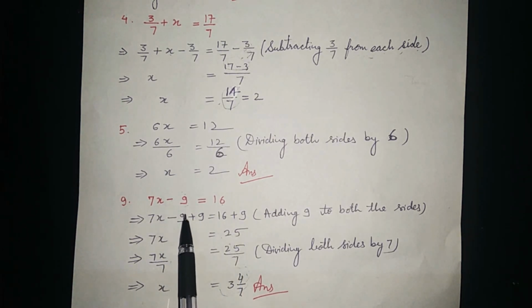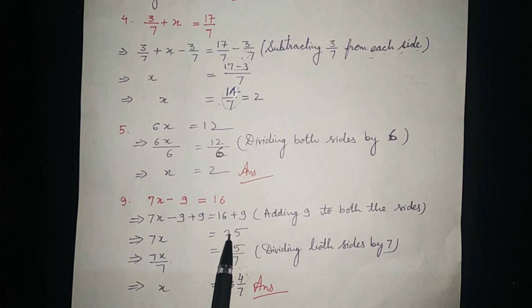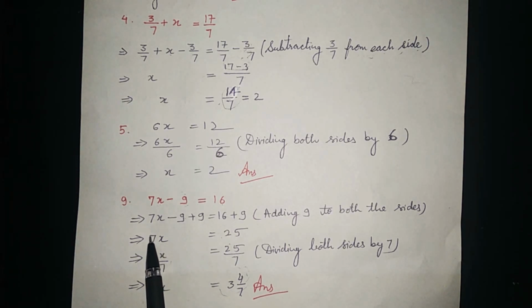Here on left hand side minus 9 and plus 9, what? 0. And 7x equals, here 16 plus 9, 25. Now what we have to do? See now, here 7 is in multiplication. Now we have to eliminate this 7 from left hand side, because we want to calculate value of this unknown variable x.